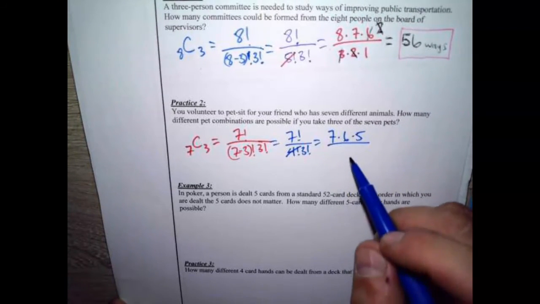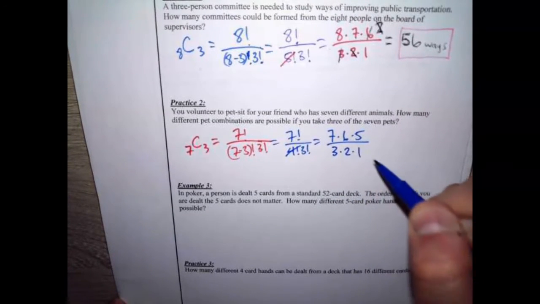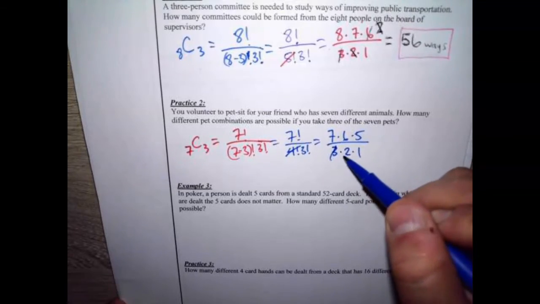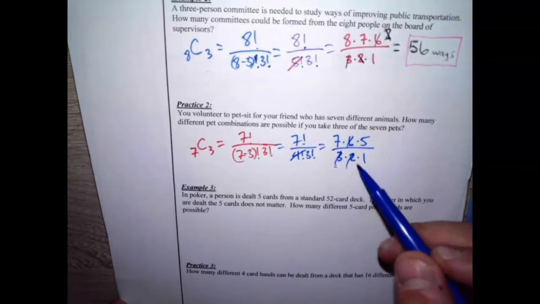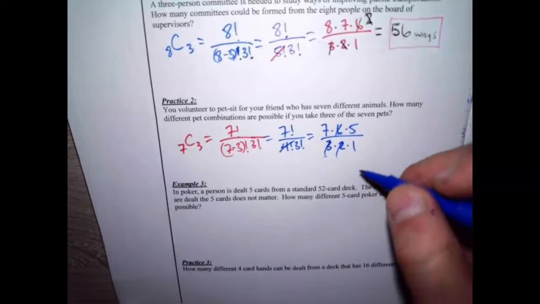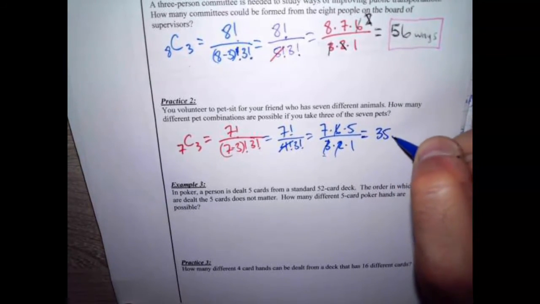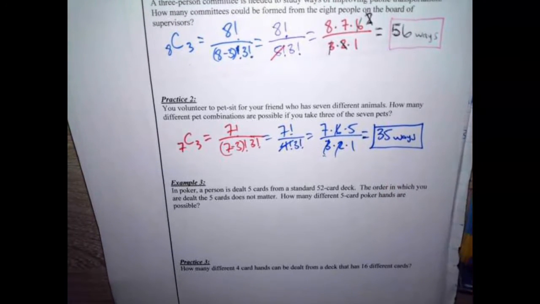Everything 4 or less cancels, remember that. But the 3 factorial, 3 times 2 times 1, we could cancel the 3 and the 2 with the 6, since 3 times 2 is 6. Leaving us with just 7 times 5 for 35 ways, 35 different combinations of 3 pets taken from 7 total pets.